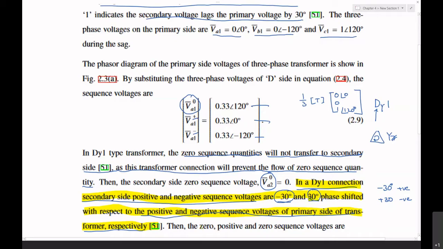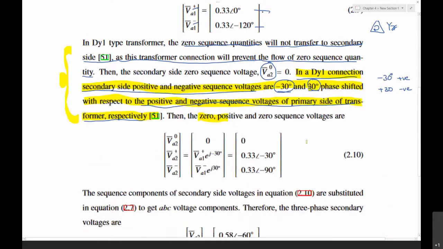Then the zero, positive and negative sequence voltages are: VA2 zero is 0; VA2 positive is the VA1 positive voltage times e power of minus j30, so we have just added the phase of minus 30 degrees lag.